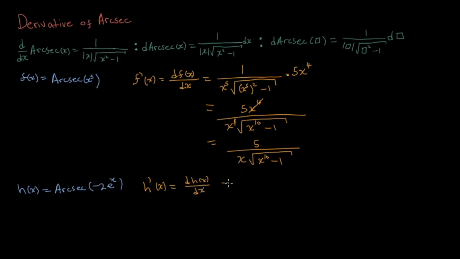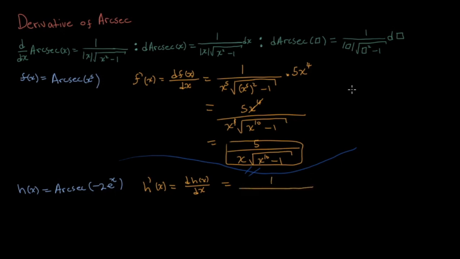is equal to 1 over this right here, the absolute value of whatever is in this argument. In this case, it's 2 times e to the x.